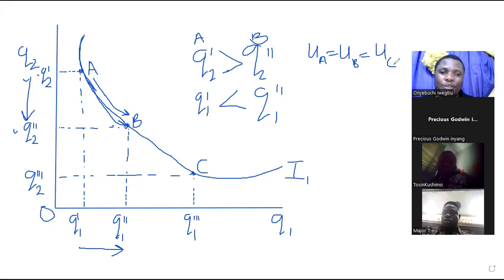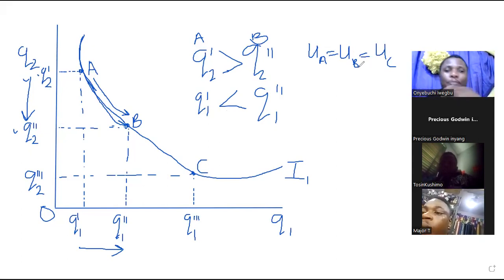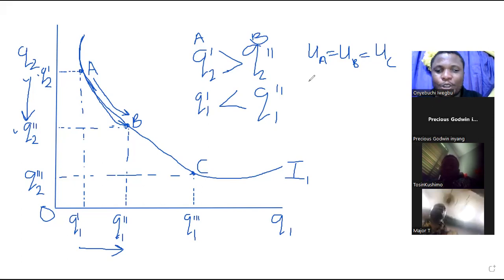Quantity 2 at point A was higher than quantity 2 at point B, but quantity 1 at point A is lesser than quantity 1 at point B. So though my combinations are different, my level of satisfaction remains unchanged. That's my indifference curve.